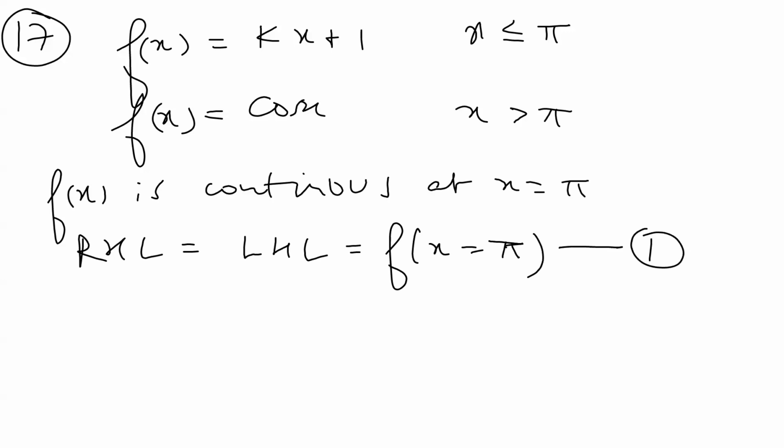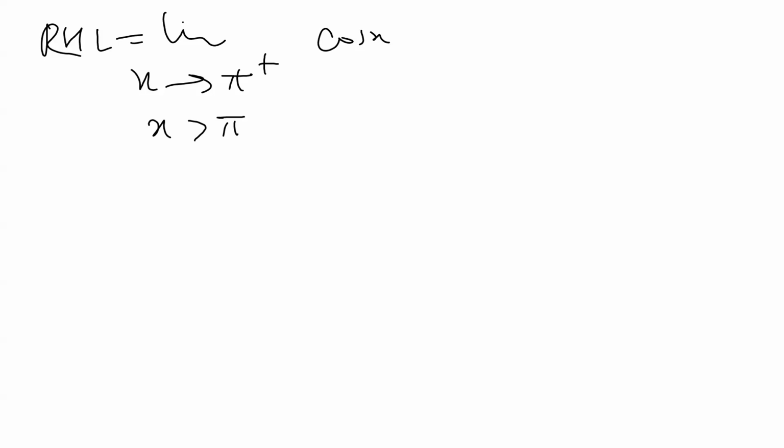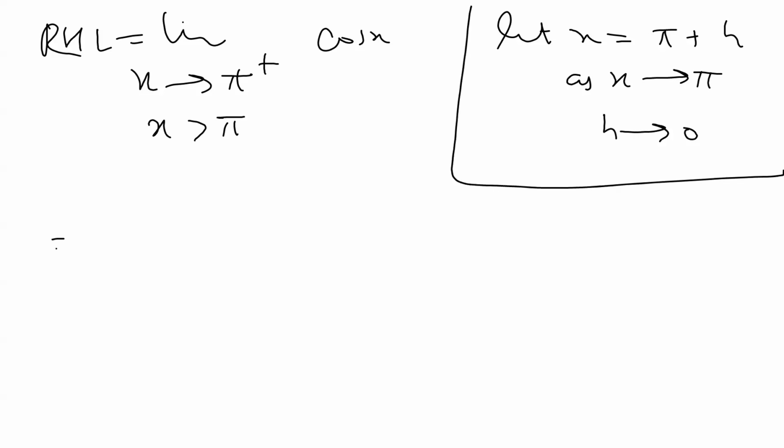So first I'm going to calculate RHL. Limit x approaching pi plus, x is greater than pi. So for x greater than pi, we have the function as cos x. Let x equal pi plus h. As x approaches pi, h will approach 0.